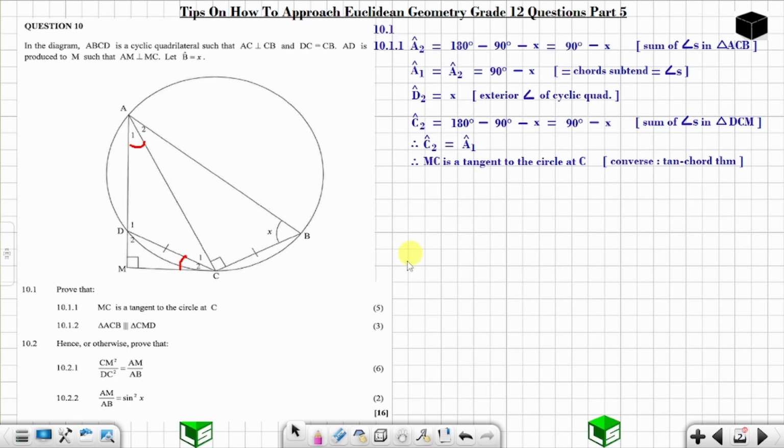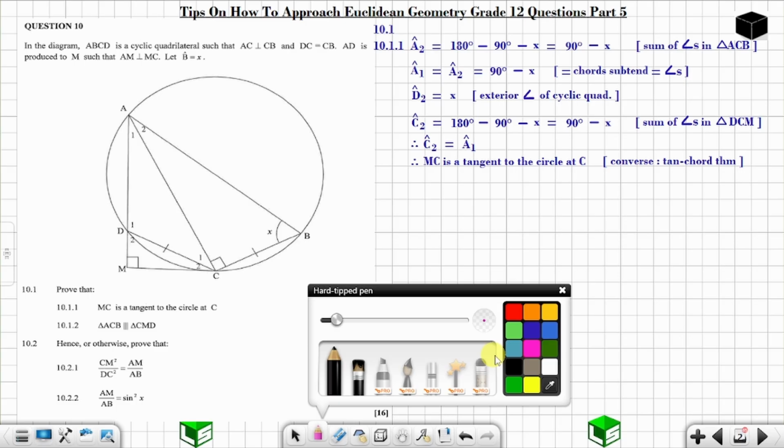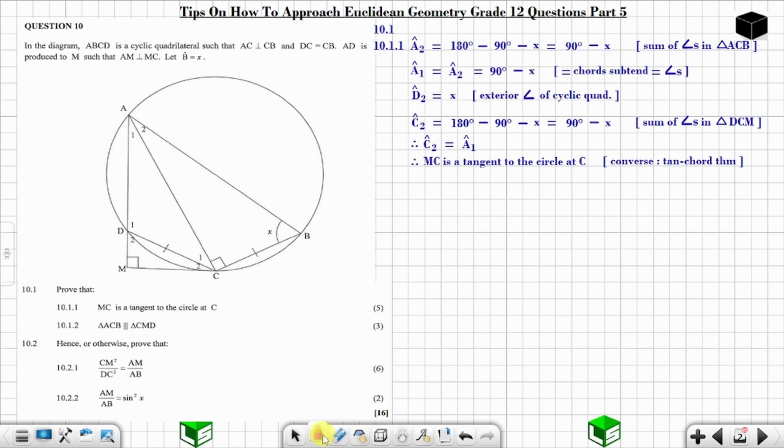The other way to solve this question is to use the chord AC and the line MC. So you have to prove that this angle is equal to this angle, the angle in the alternate segment.